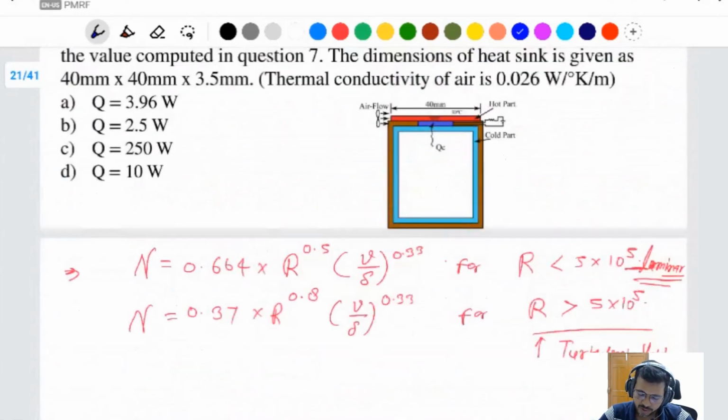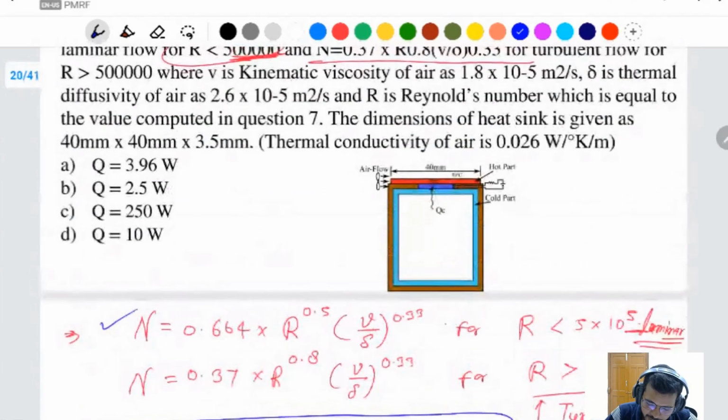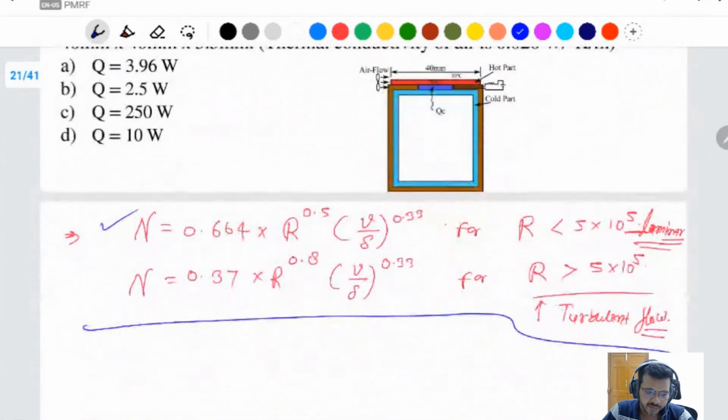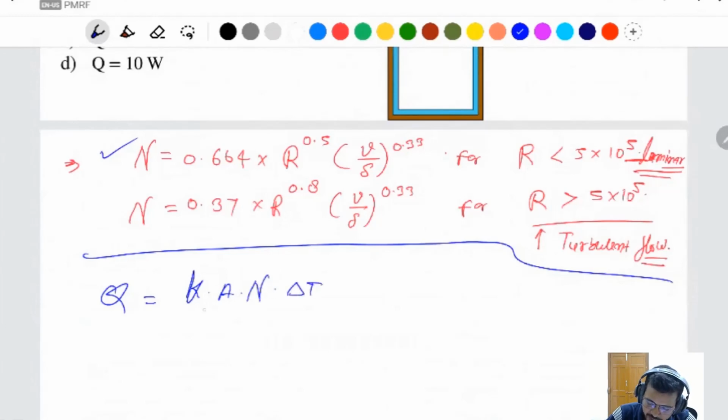That's why first of all you calculate the Reynolds number of this one. After that find the N value, Nusselt number. For the power, the formula is k into A into Nusselt number into delta T divided by x, the characteristic dimension, where A is the area where the heat flow passes through.